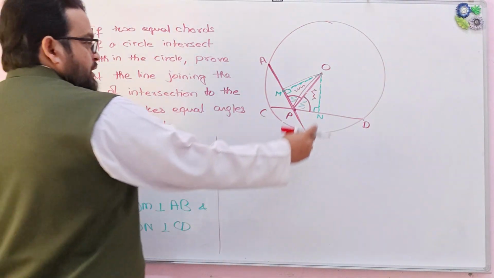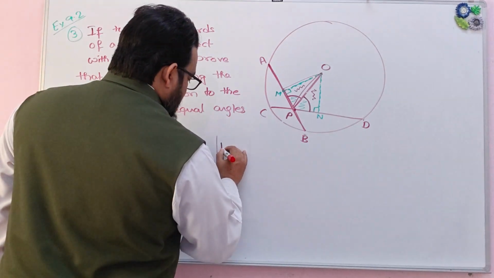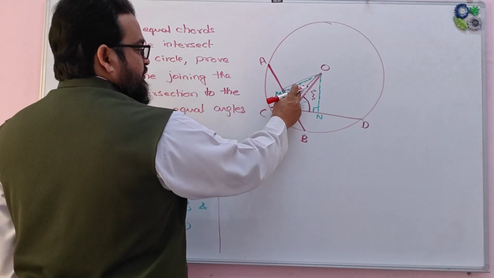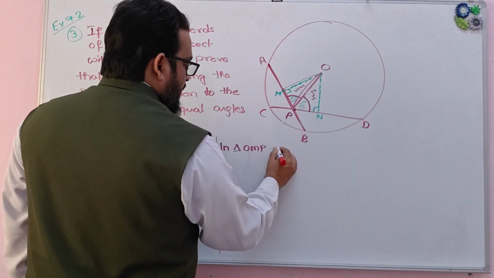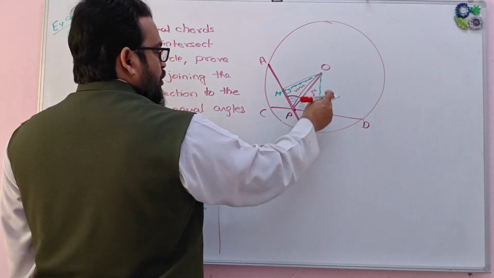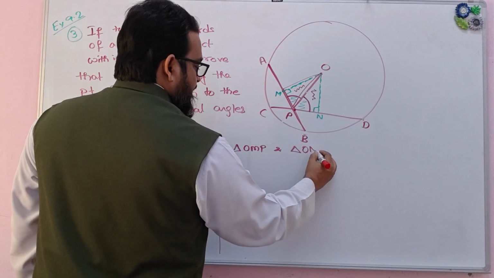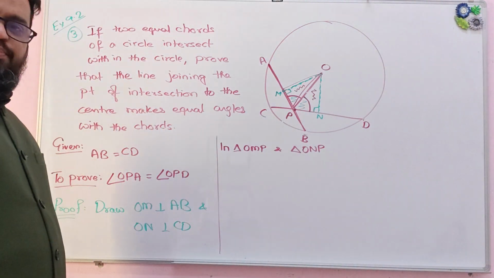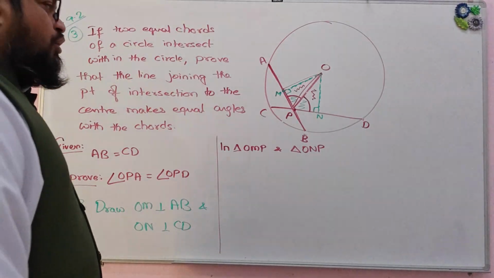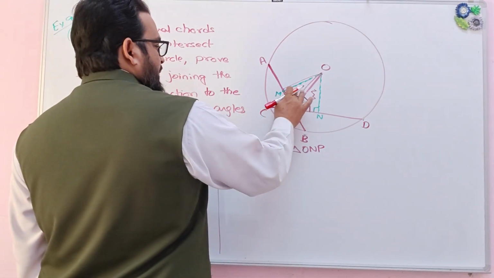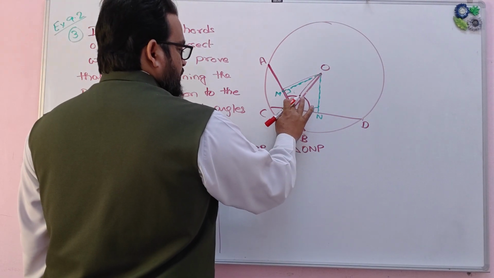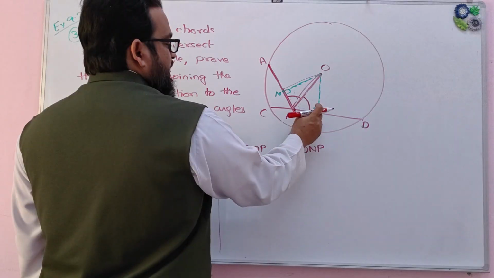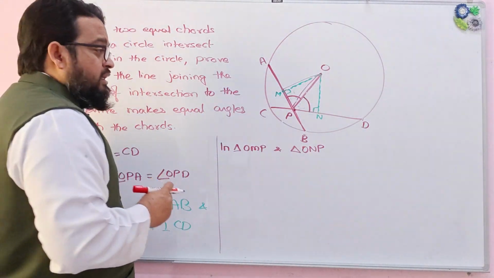Let us try. So in triangle OMP and triangle ONP, now tell me what are the equal parts in these two triangles. Can you see 90 degrees over here in both the triangles?